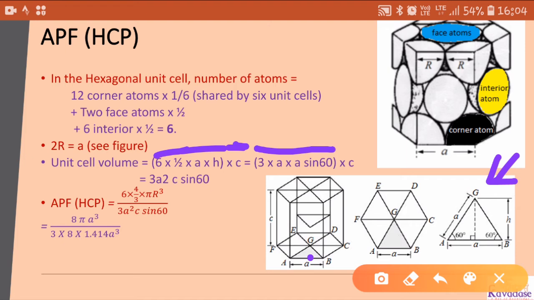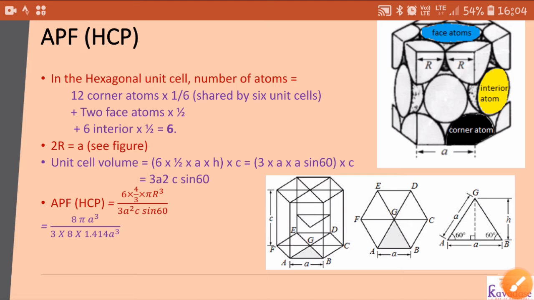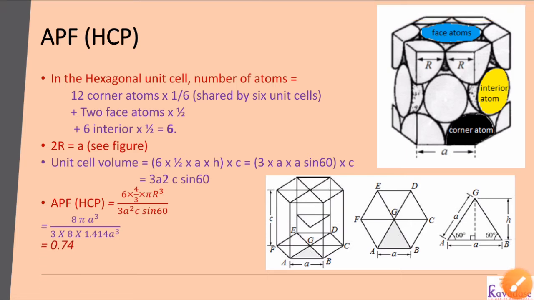So I have replaced H by A sine 60, and after simplification and putting this value in the APF formula, we get the APF for HCP as 0.74.